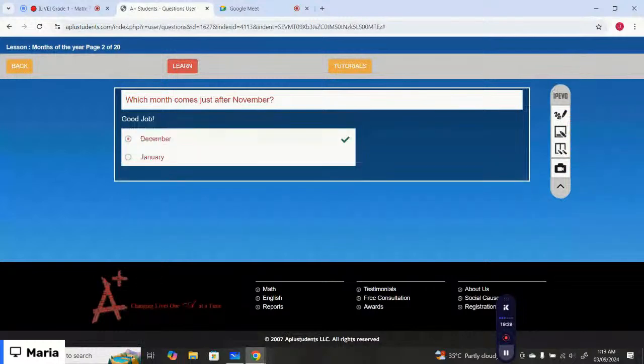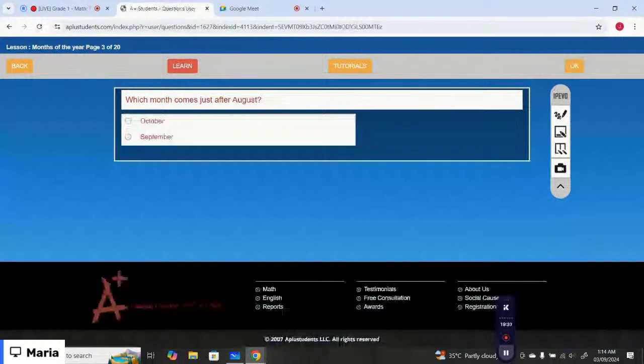Okay, the next one is which month comes just after August? So which is the correct option?